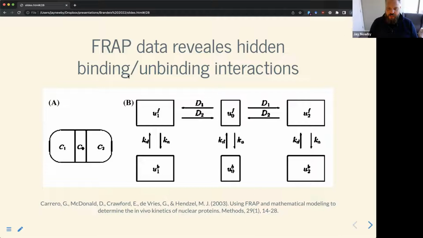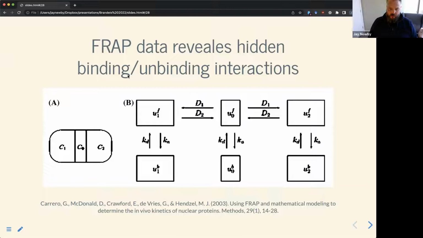So the concept here is that you have binding and unbinding to some substrate. This could be chromatin, for example. You have this wound up DNA with these histones on them, and these definitely are a substrate for proteins to bind and unbind very rapidly.